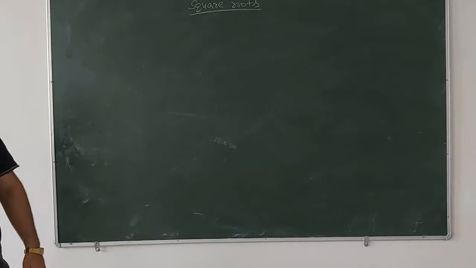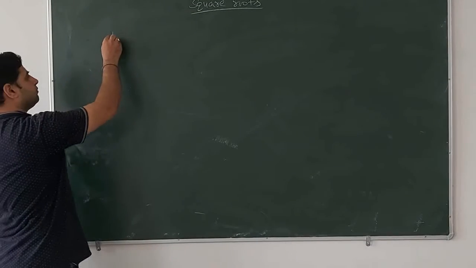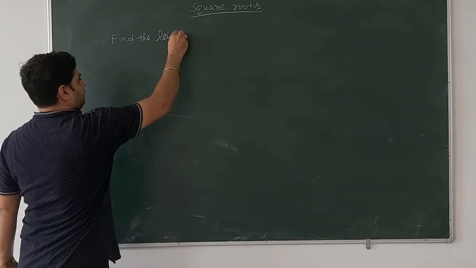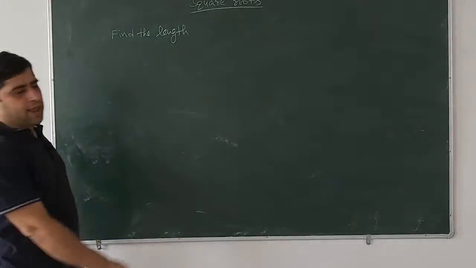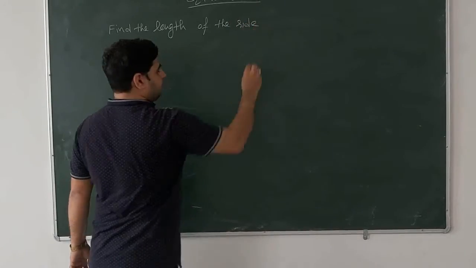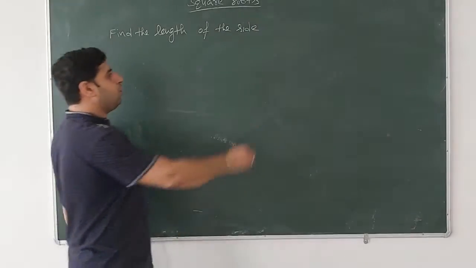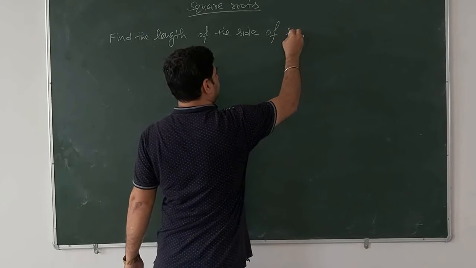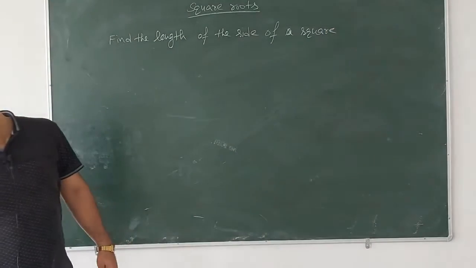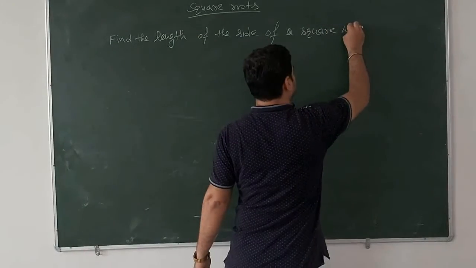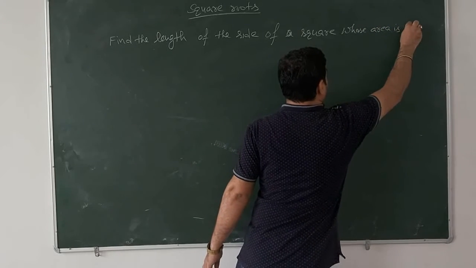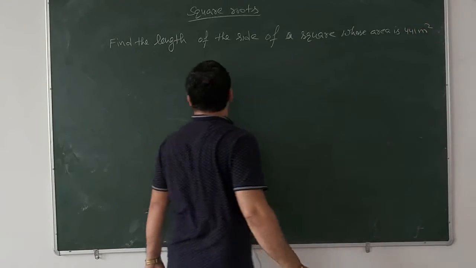Another question: find the length of the side of a square whose area is 441 meter square.